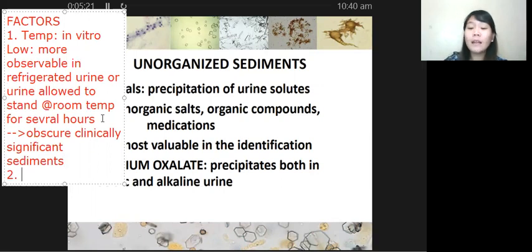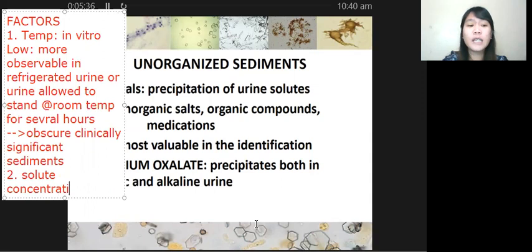Alright? So another factor that we have to consider in the formation of your crystals would be your solute concentration. Okay? So yan yung isang factor. Because remember that, ano ba ang na-form na crystals? Remember na ang crystals galing yan sa mga solutes which are present in your filtrate or in your urine.